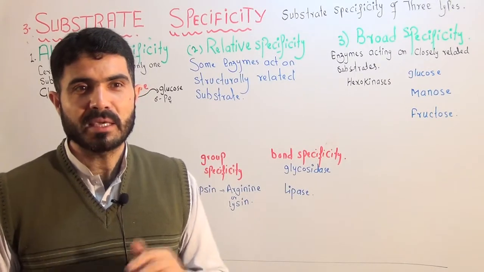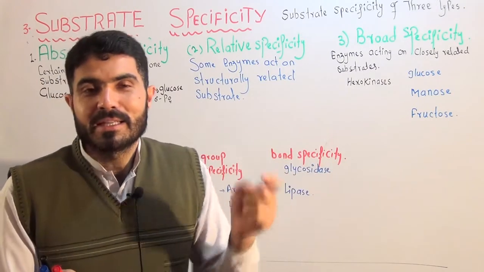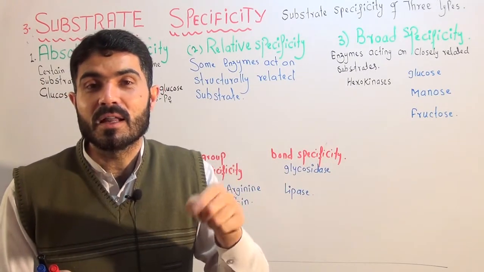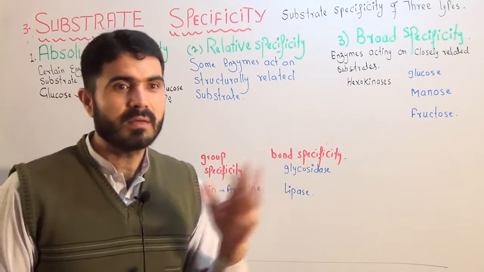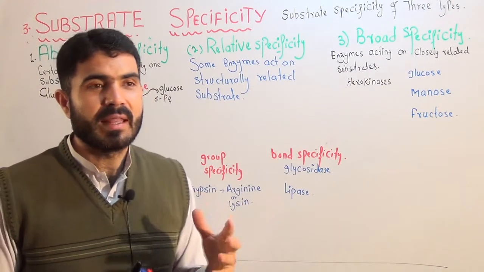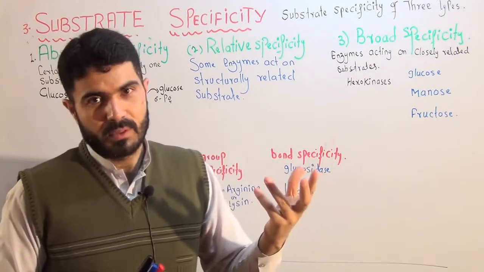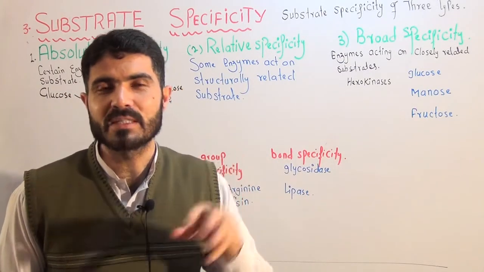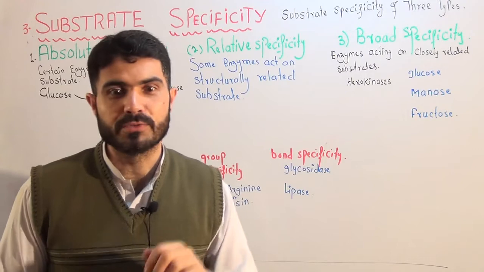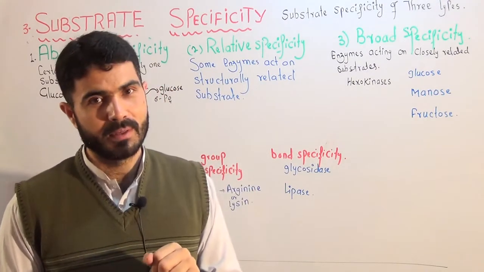One is making friendship with anyone. This person is called a relative friendship person. But the other one says that I will make friendship with only poor or only rich people, only educated or uneducated people. So this kind of person is called absolute friendship. He's going to make friendship with only a certain type of people.